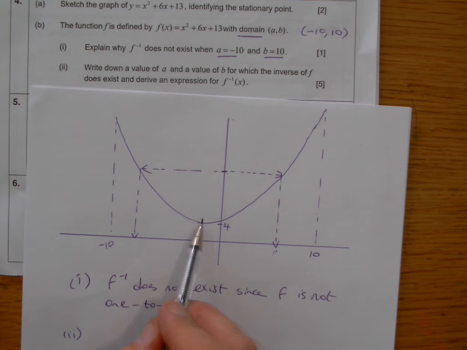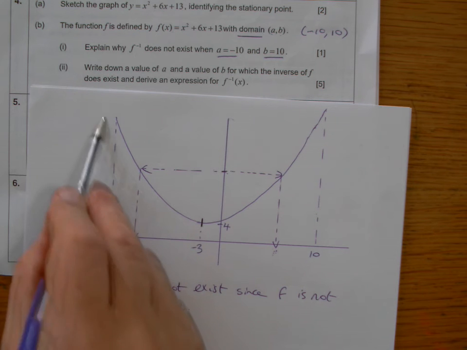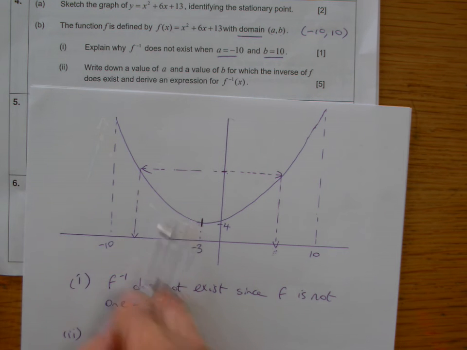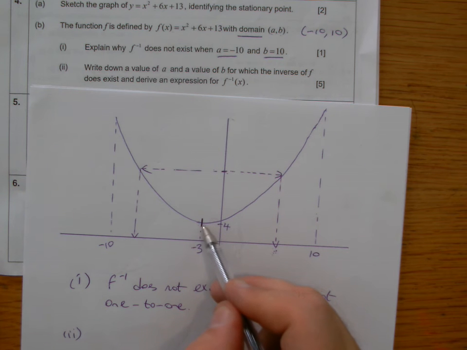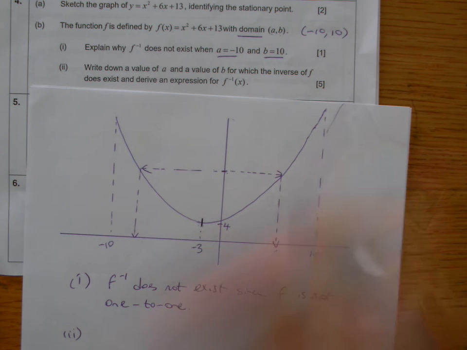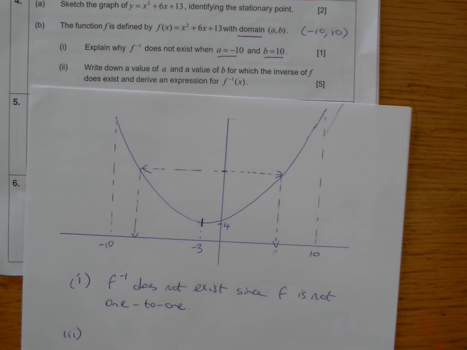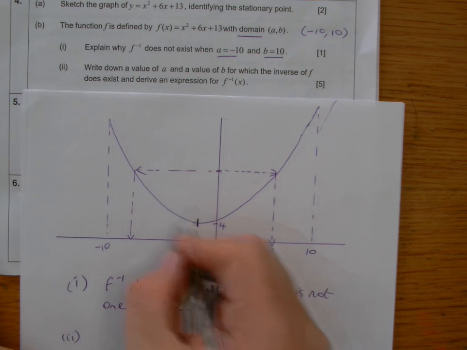So you could go, if you wanted to, along the negative part of it, from minus 3 all the way to negative infinity. Or you could go from negative 3 all the way to positive infinity. I'm going to take the negative root here.